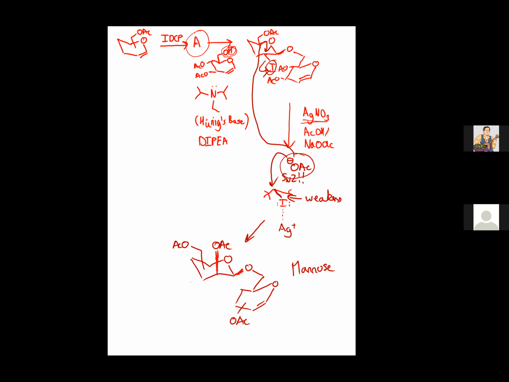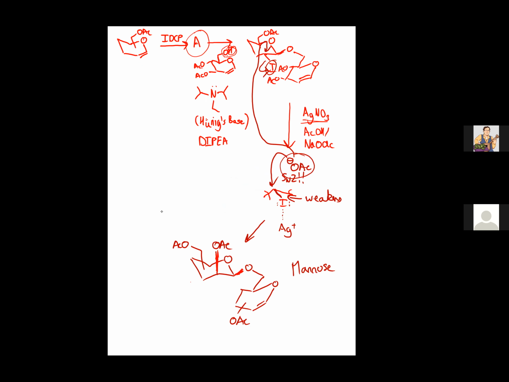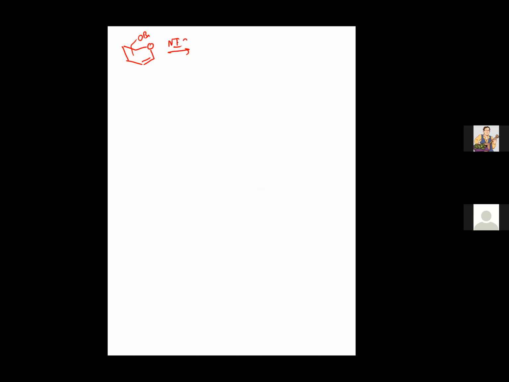So for example, if we had done a slightly different one, if I used NIS, N-iodosuccinimide, structure was a couple of lectures ago, we would have had the up iodine.